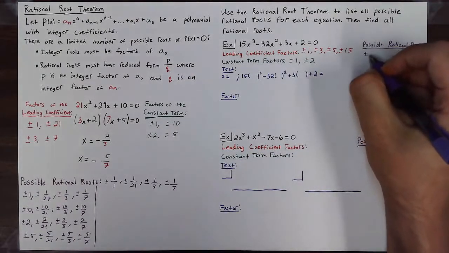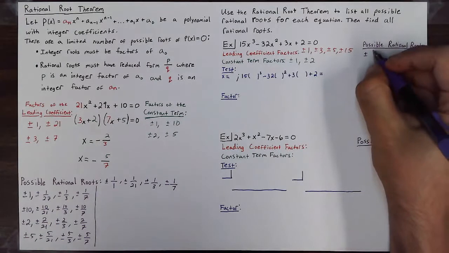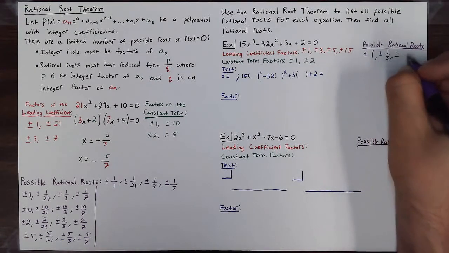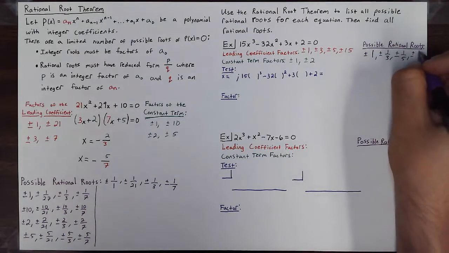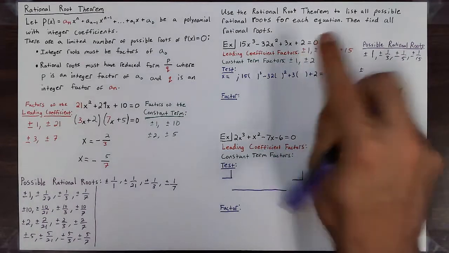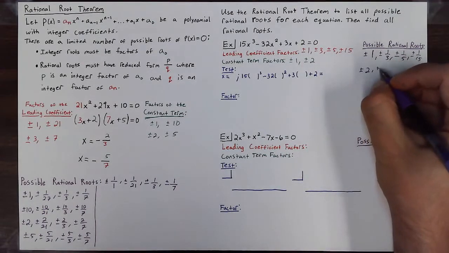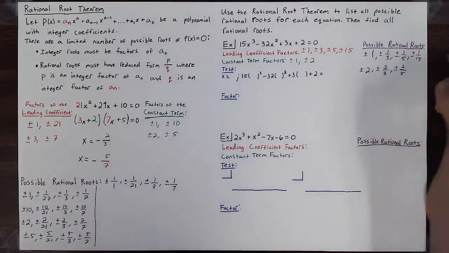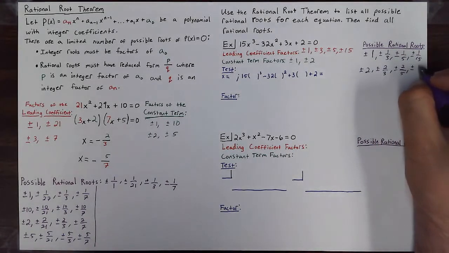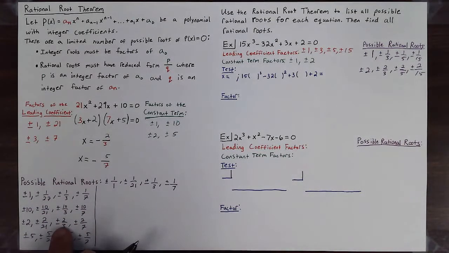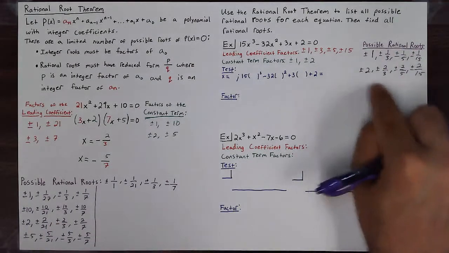So I'll have plus or minus 1 over 1, which is just 1, 1 over 3, 1 over 5, and 1 over 15, as well as plus or minus 2 over 1, which is 2, 2 over 3, 2 over 5, and 2 over 15. And you saw earlier that 2/3 and 5/7 were both part of that list. So here, only these are the possible rational roots.